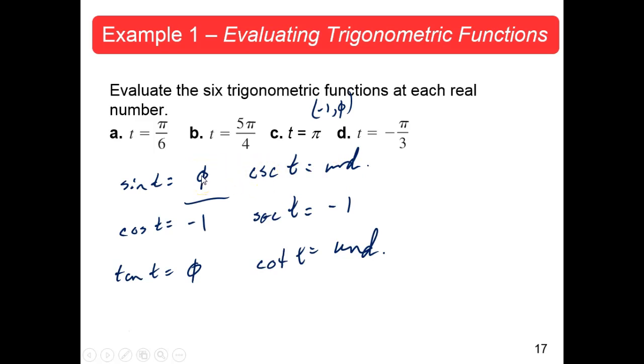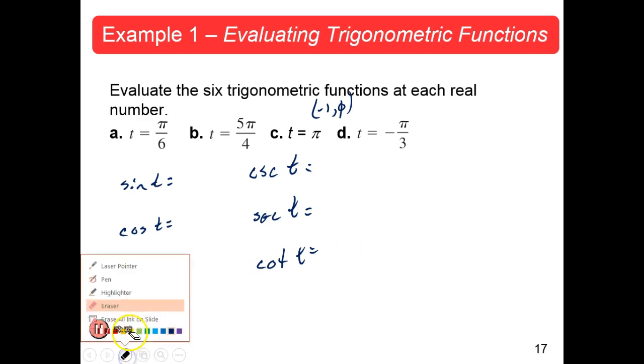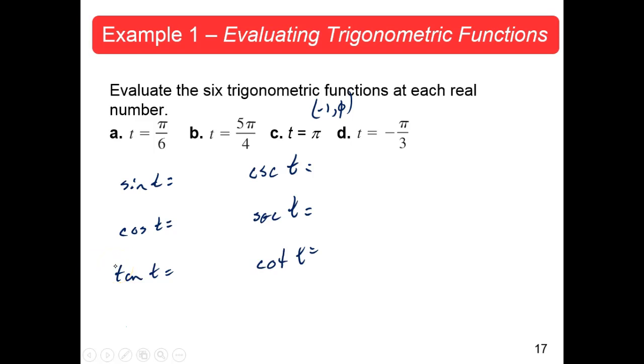Now let's do the last one. Now we have t is equal to negative pi thirds. Where are we now, Waldo? Fourth quadrant.